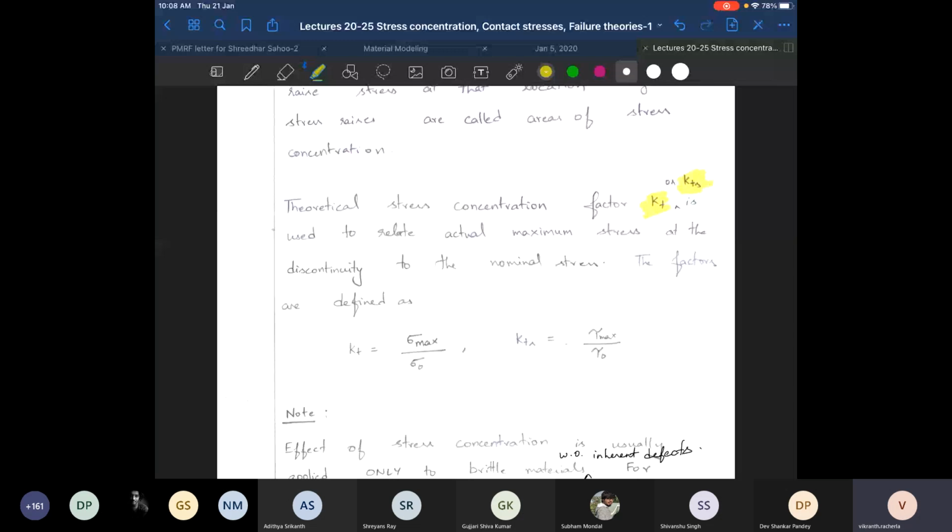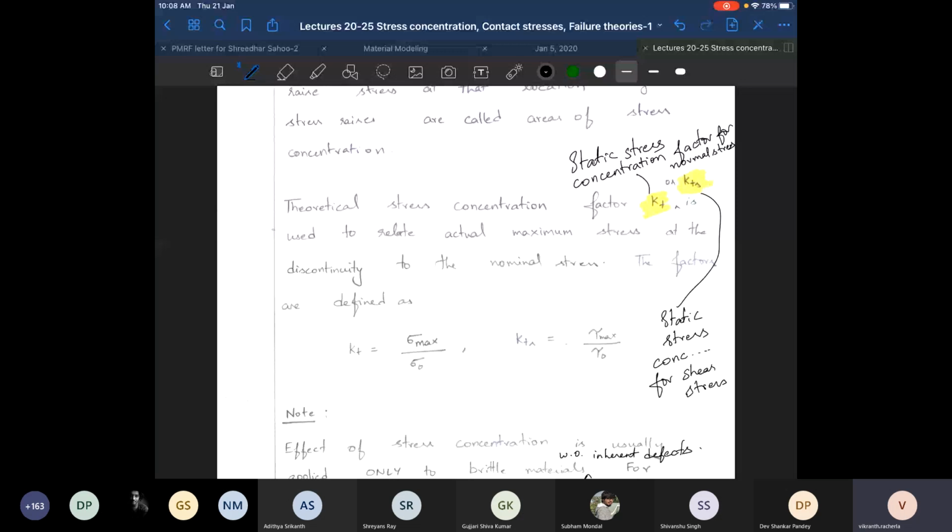So Kt is the static stress concentration factor for normal stress, and Kts is the static stress concentration factor for shear stress.